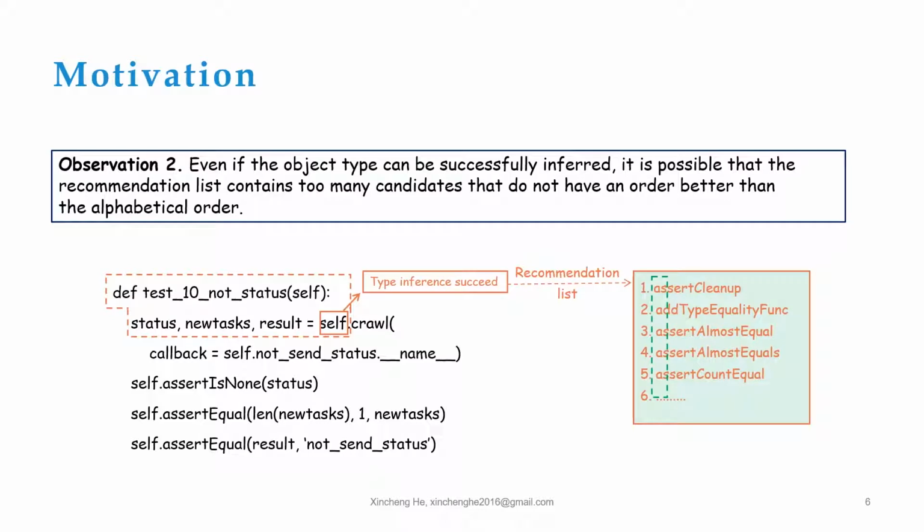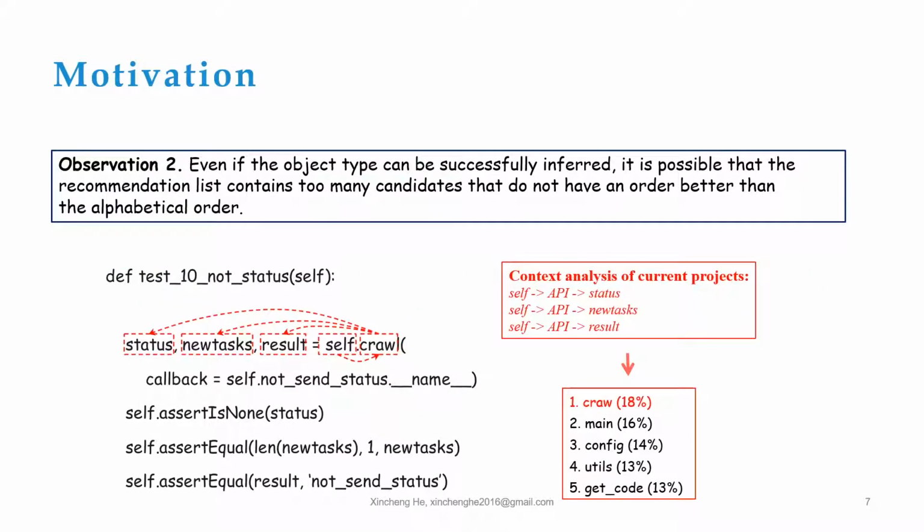Secondly, even if the object type can be successfully inferred, it's possible that the recommendation list generated by IntelliCode only contains candidates in alphabetical order. The main reason is that learning-based approaches do very well in recommending frequently called APIs, but not the project-specific ones. For this limitation, instead of depending on frequent patterns, PyART also considers multiple hints in the current context to help make a prediction.